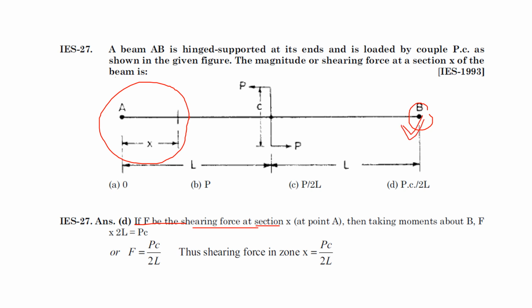Write the equation and get that F. Taking moment about this, F into what is the length, L plus L, 2L. So F into 2L, and there is one more couple. This couple will be equal to this couple. If you simplify, you'll get PC by 12. So the answer is PC by 12, so the answer is D.